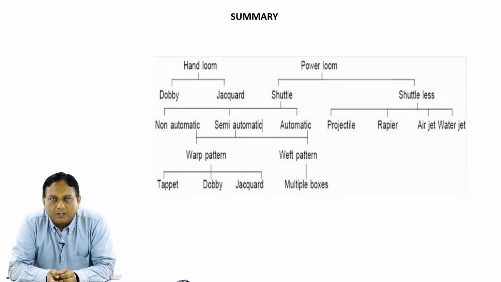And when we talk about such kinds of looms, warp patterns and weft patterns, those two kinds of patterns can be produced. Warp patterns are by tappet, dobby and jacquard, and for weft patterns, multiple boxes can be used here.